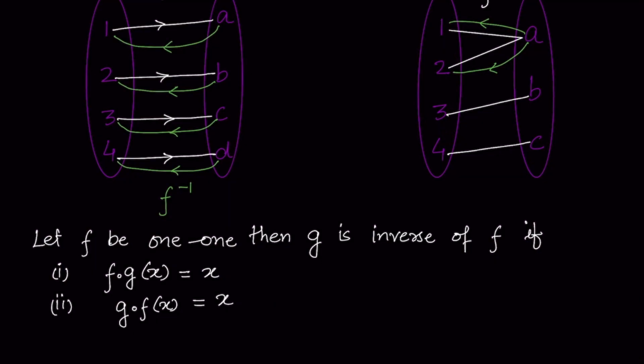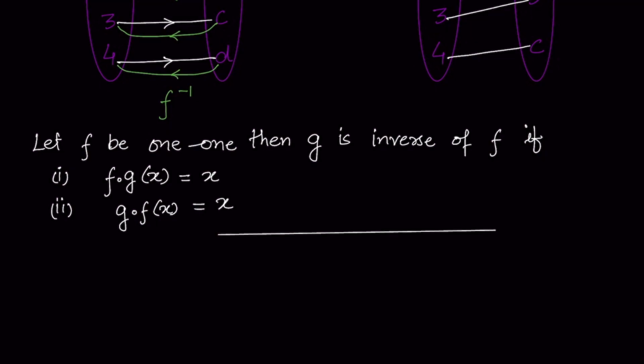Then you will say f and g are inverse of each other. We represent f inverse by putting power -1. So this is called inverse of f. This is the notation for inverse of f, inverse of f of x.